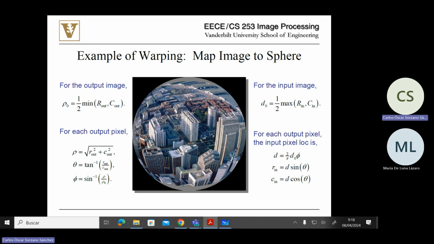Now theta and D are the new polar coordinates in the input image. So now you simply undo the polar transform. Now you have the coordinate in the input, and now you interpolate there.